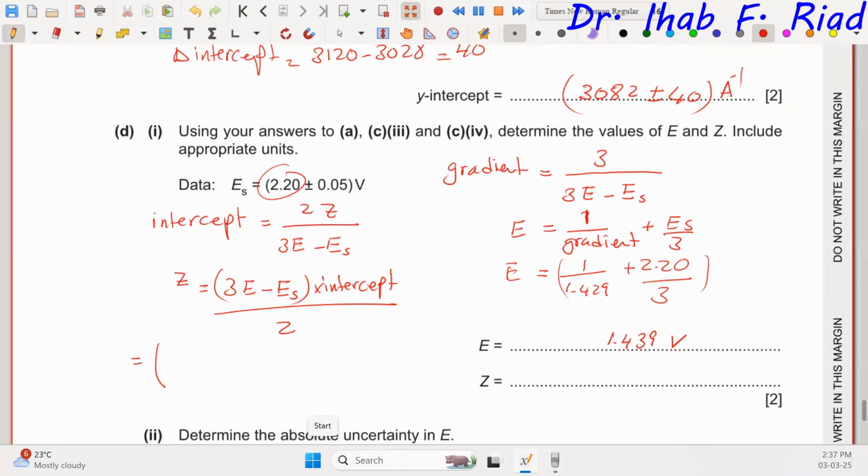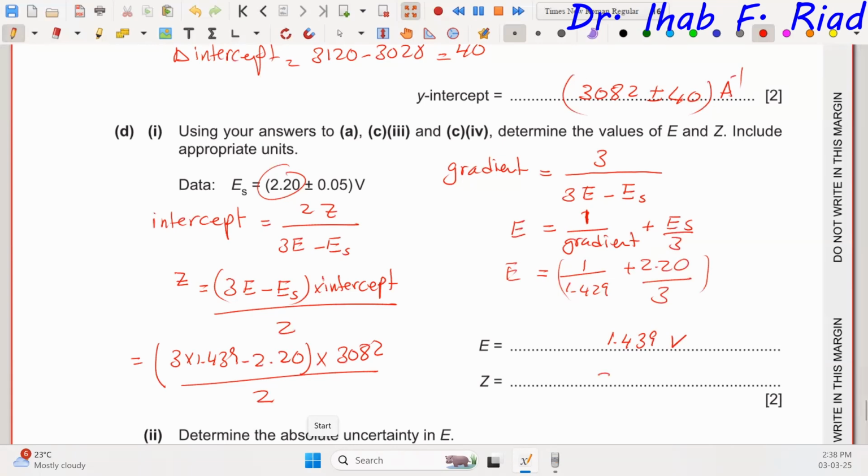What is 3E? What is ES? 2.20. What is the intercept? 3082. Okay. Divide by 2. Yes.